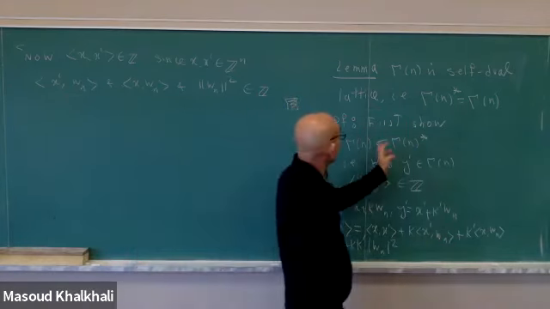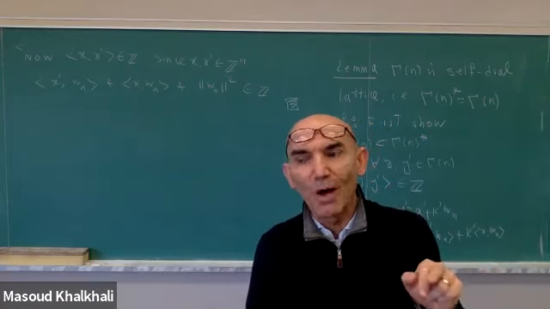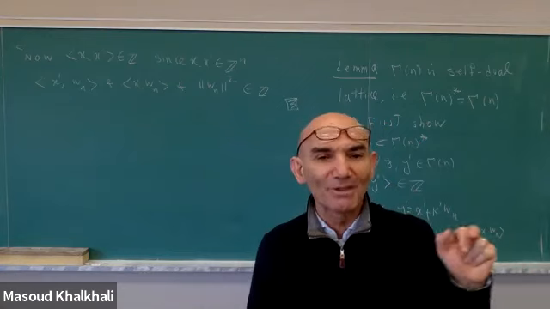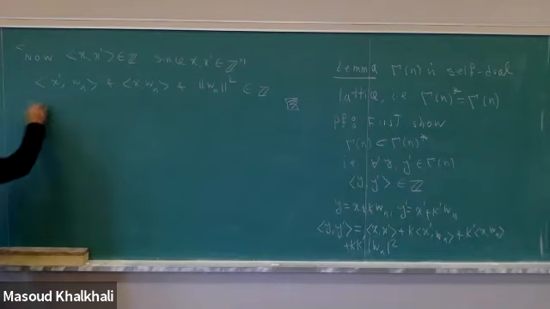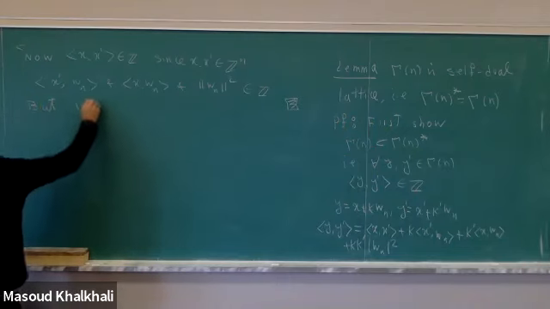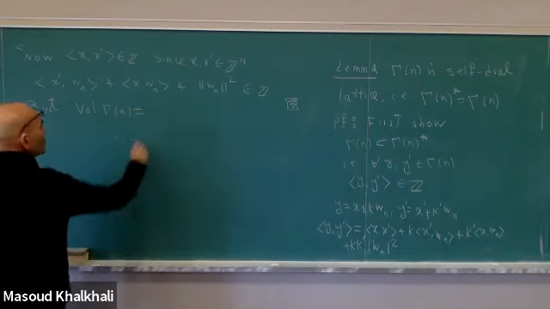Now we show that the index is 1 by using volumes. The volume of both things is 1, so the index must be 1, so they must be equal, right? But let me write it like this: the volume of gamma n is equal to 1.